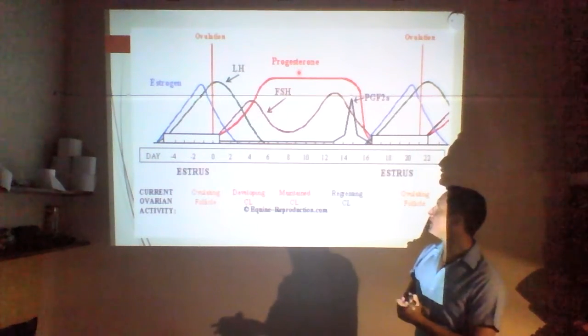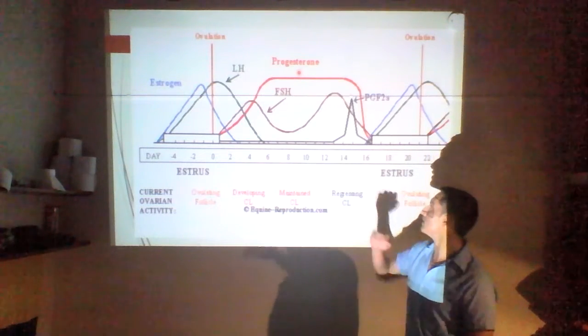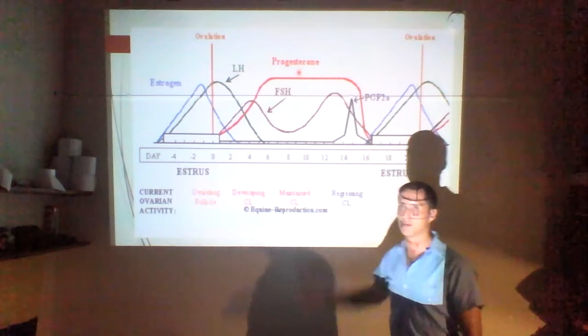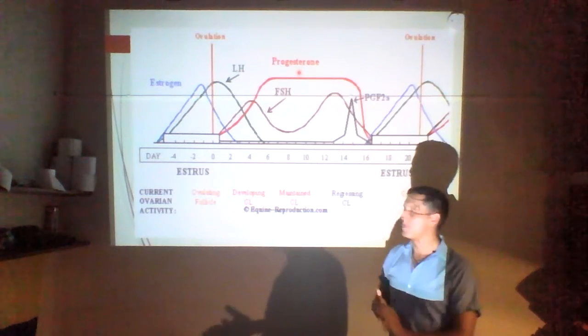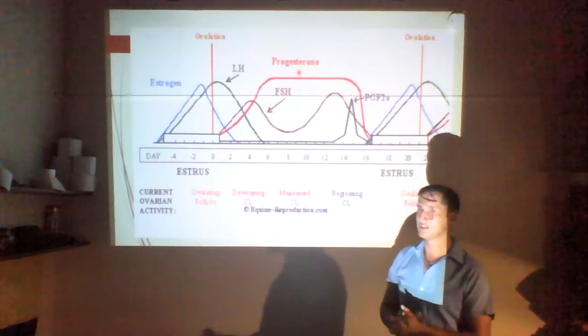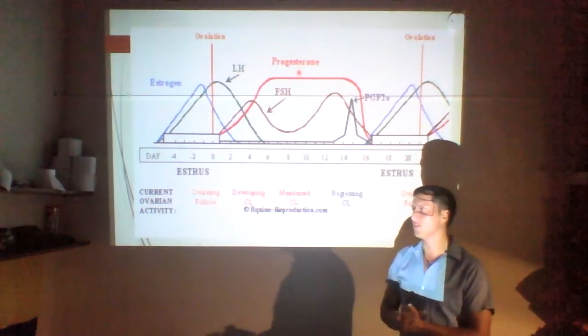So if the cow gets pregnant, it's going to maintain the hormone progesterone P4 until the parturition. But if not, then the uterus produces a hormone called prostaglandin F2 alpha.